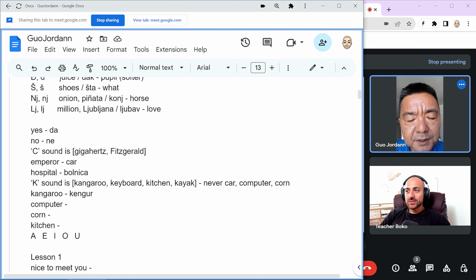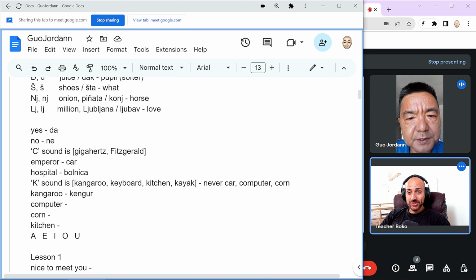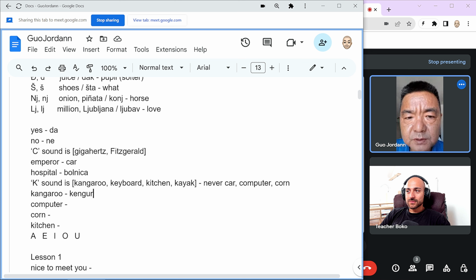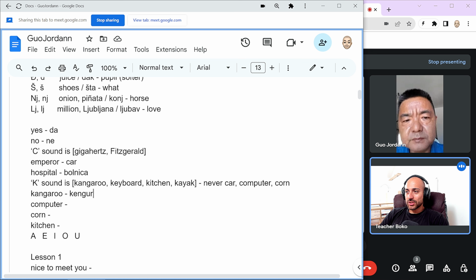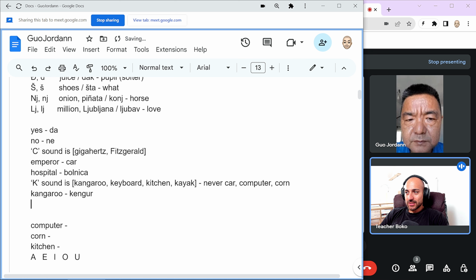I don't know. I'm confused. Which one is your action? Stress. Oh, where do we stress the word? Is there rules? Yes, there are certain rules that we can apply. We can try learning like this.